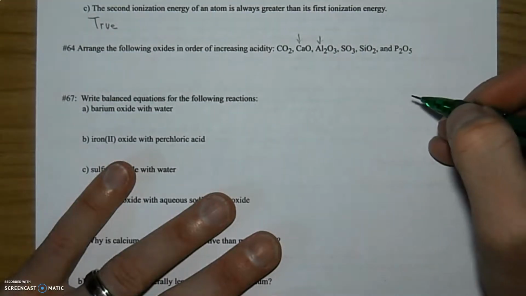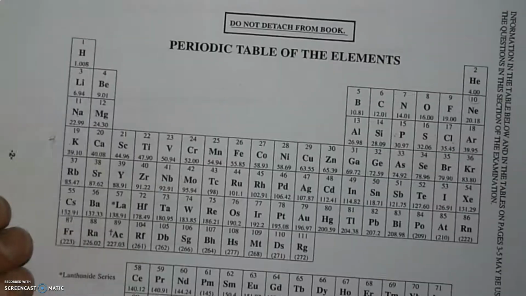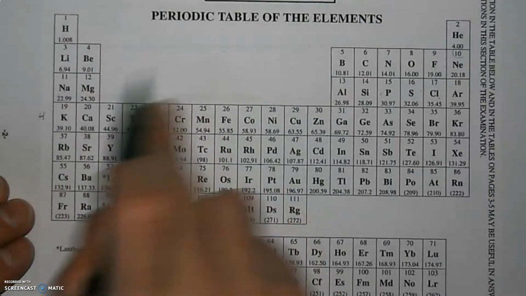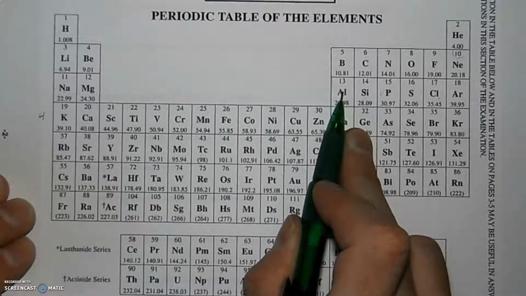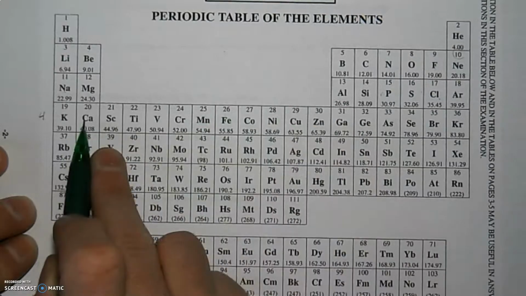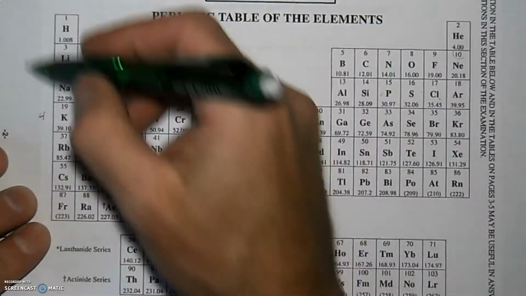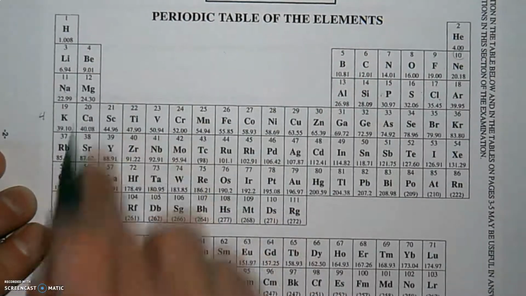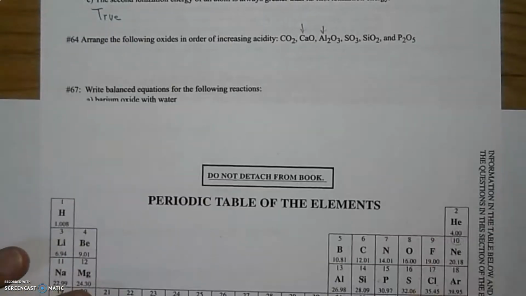Those guys definitely look like metals to me. So which one's the most metallic? All right, calcium, there it is, and there's aluminum. Given this comparison here, calcium is going to be the most metallic, being this far over on the periodic table. And again, metallic character also increases going down, so it's one row lower and further to the left. So definitely calcium oxide.